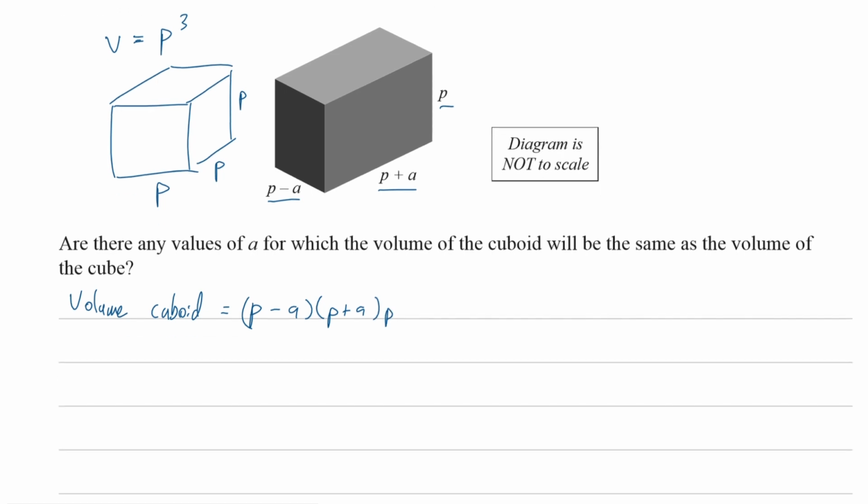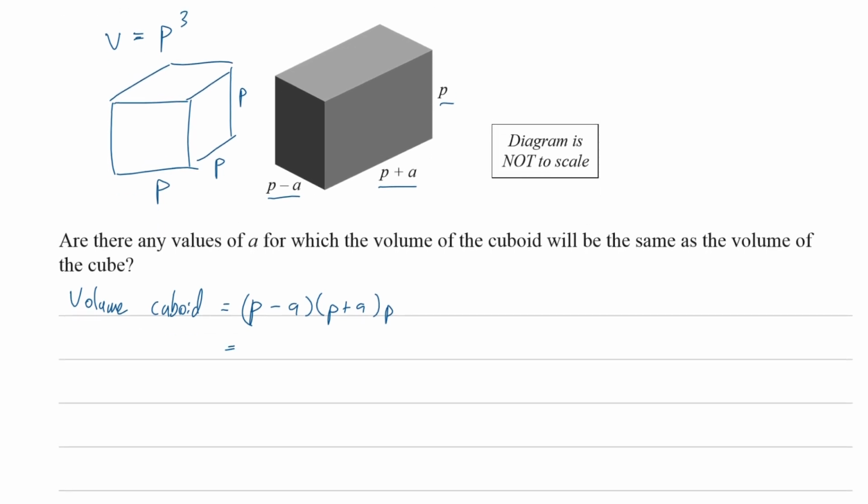Which we can expand and simplify. p times p, p squared, p times a, plus ap, minus a times p, minus ap, minus a times positive a, minus a squared. All of that's still times p.